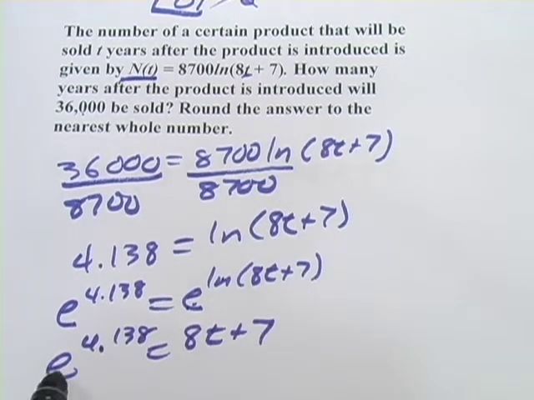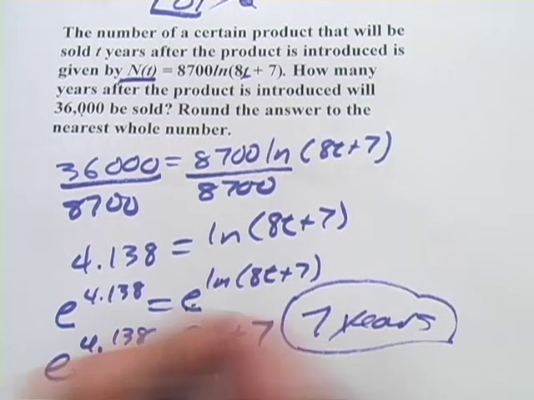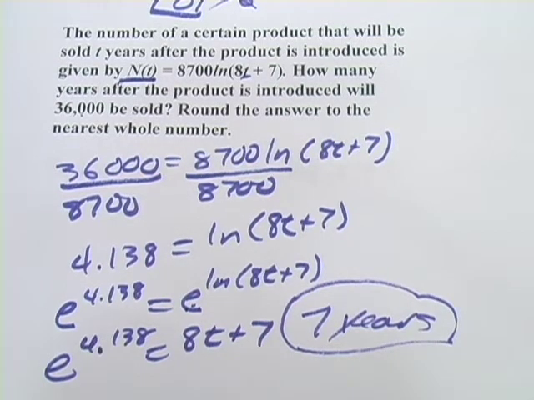And at this point, you would want to plug in e on your calculator, raise it to this power, subtract 7, divide by 8. What you end up with, if you do all that, is approximately 7 years. You can check my math on that one. So that's a little bit of work with some logarithmic equations.